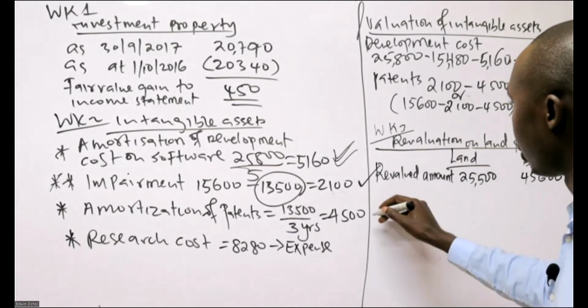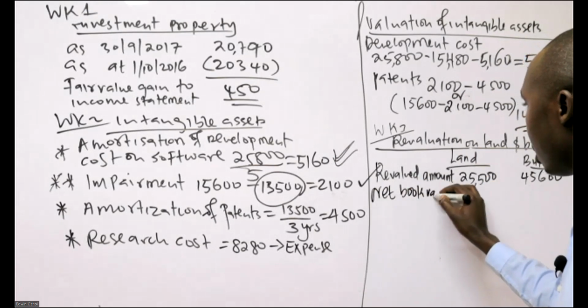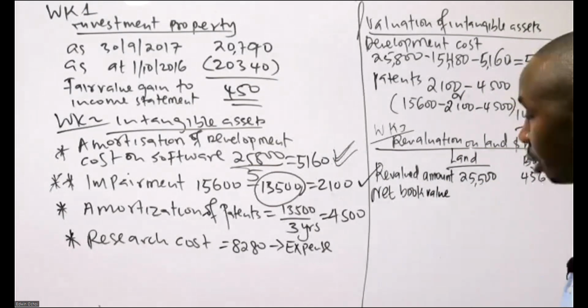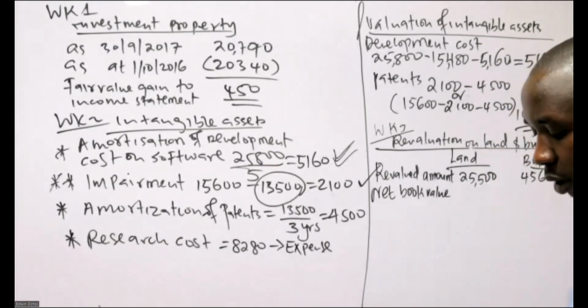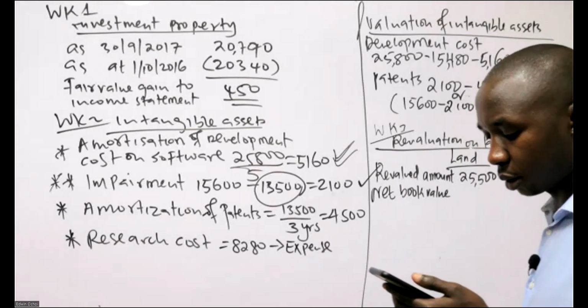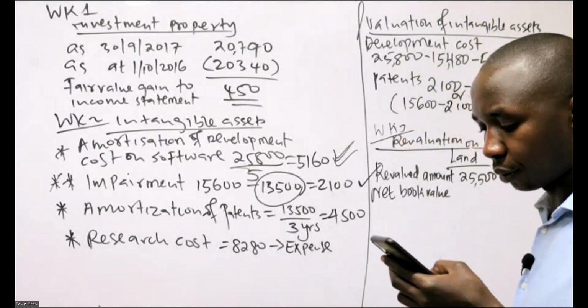So then we compare with what? Net book value. Remember that land can never be depreciated, but buildings have to depreciate. That's why you are told the aspect of some depreciation there.